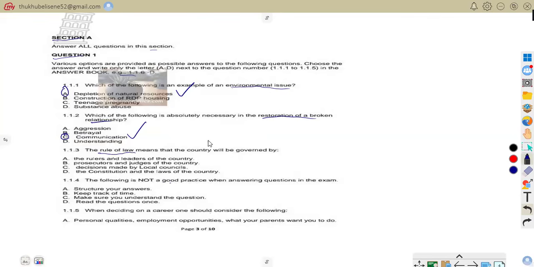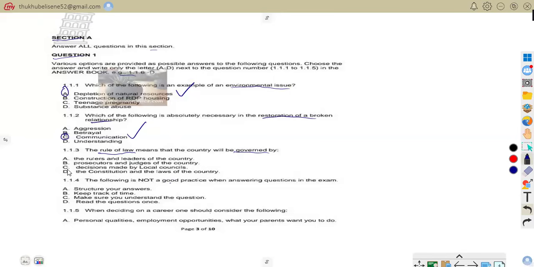So let us be on 1.1.3, the rule of law. The rule of law means that the country will be governed by: the first option, the rulers and leaders of the country; the second, the prosecutors and the judges of the country; the third, decisions made by the local council; and the fourth, the constitution and the laws of the country.